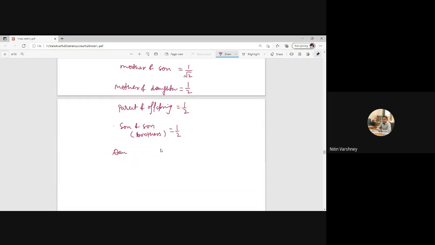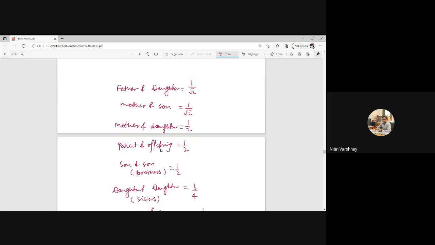Daughter and daughter, or sisters: correlation between sisters is 3/4. And the last one is correlation between daughter and son, or brother and sister: it is 1 by 2.